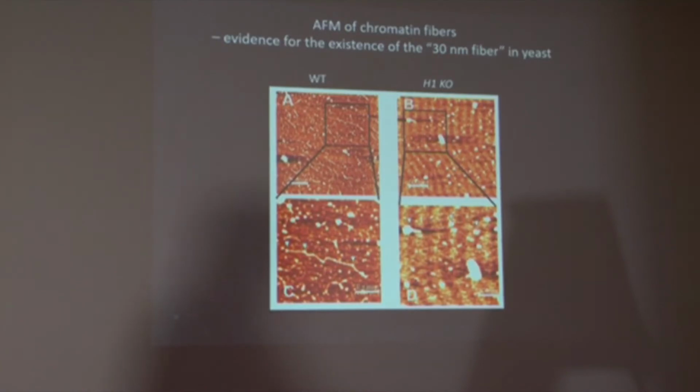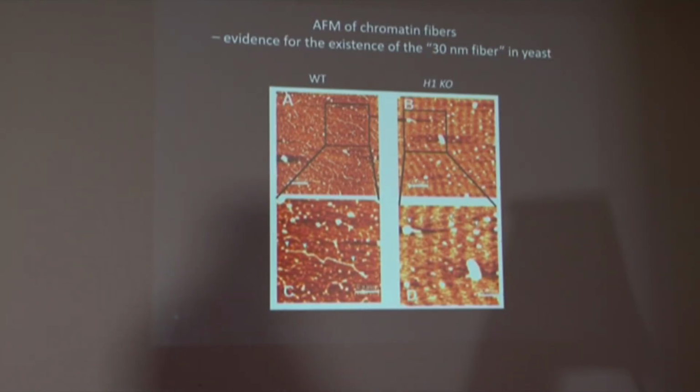This is the first evidence that there is a 30 nanometer fiber in yeast, and evidence that it disappears after removing H1. So, from this sort of experiments, we think that H1 is very heavily involved in building higher order chromatin organization in yeast and probably in other organisms.